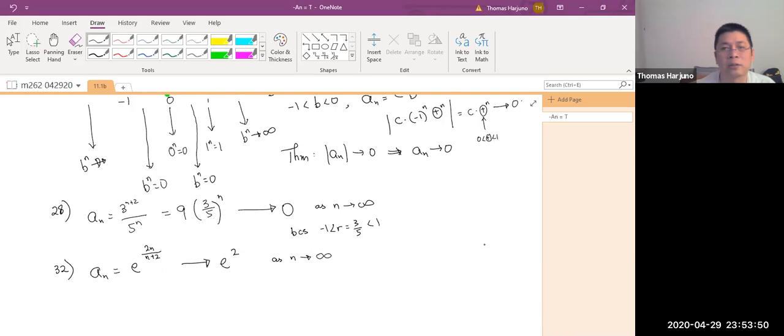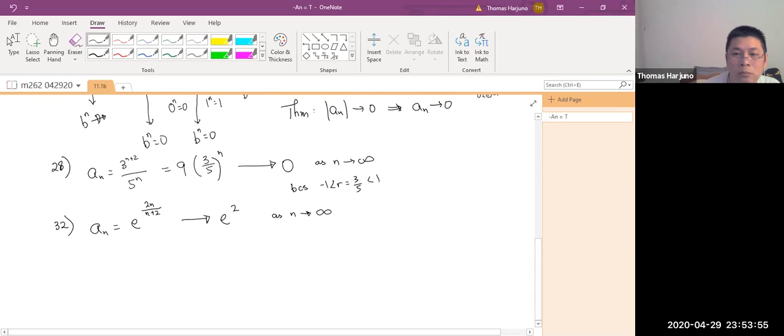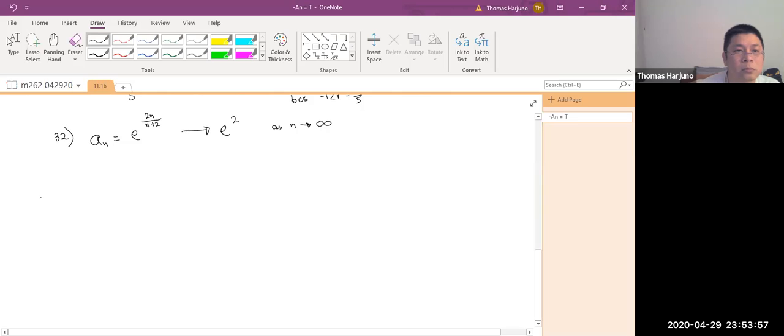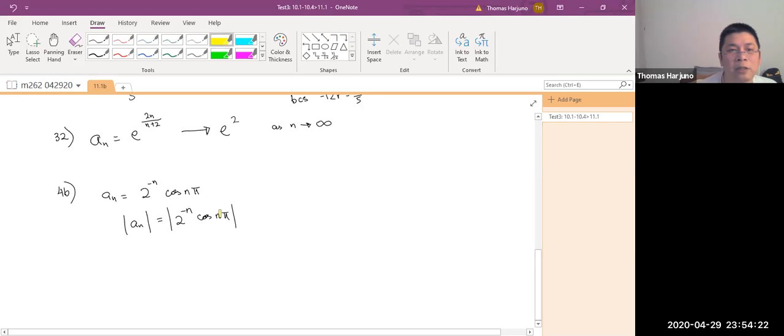Number 46. I think I did number 46 also. Number 46, a sub n equals 2 to the negative n times cosine n pi. And we see, oh, the absolute value of a sub n is equal to the absolute value of 2 to the power negative n times cosine n pi. But this is alternating. You can try.